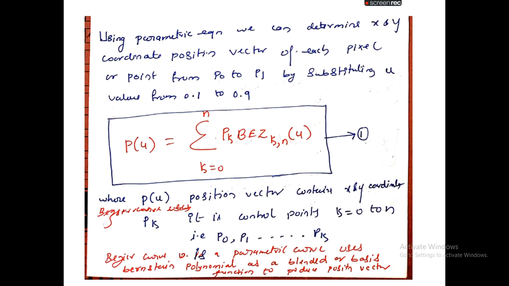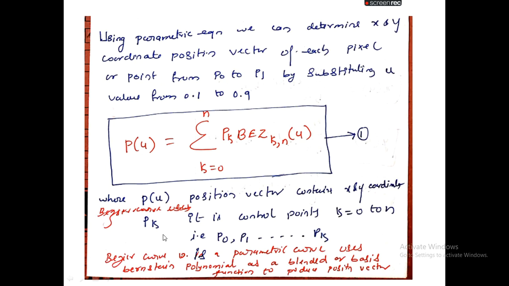If you substitute u value 0.1, that is P of 0.1, you are going to calculate the x and y coordinate position. I am discussing only a two-dimensional curve here, so only the x and y coordinates. Right? Now this is the first component of the curve equation.